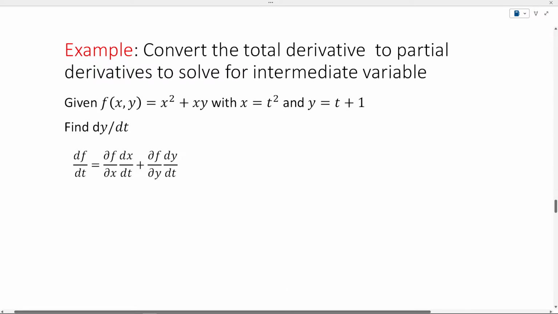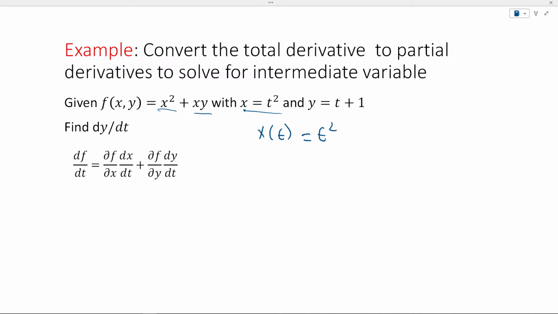So here, this is just an example. Convert the total derivative to partial derivatives, basically to solve for an intermediate variable. So here I have f as a function of x and y. x as a function of t is equal to t squared. y as a function of t is equal to t plus 1.